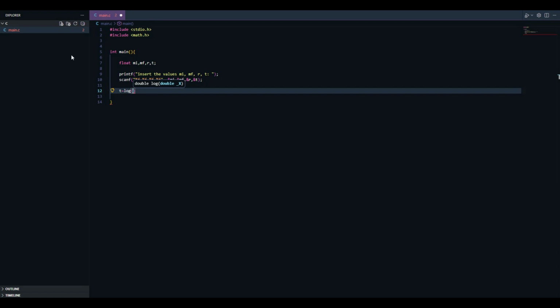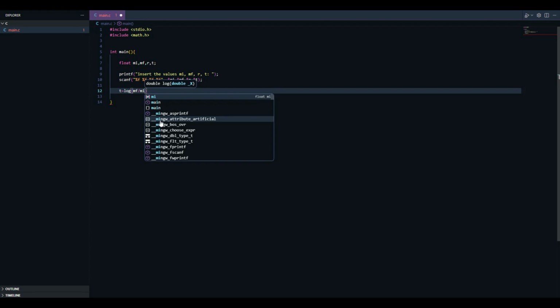When you have the log expression minus another log expression, it's the same thing as saying log expression of a divided by b. Okay, so instead of the log of the MF minus the log of the ME, I can just call log of MF divided by ME, okay?